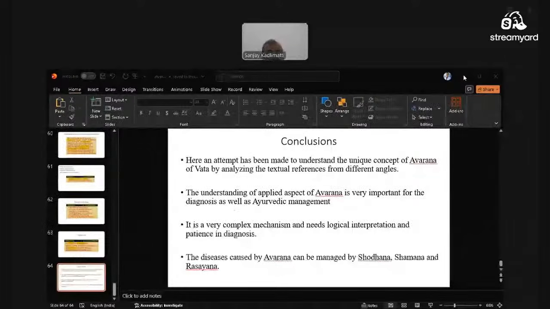So just ask about the lifestyle. If the patient has such negative thoughts, is always antisocial, lethargic, sitting in one place, not mingling with anybody, then definitely you can differentiate. If these symptoms are not seen in the history, and the relatives tell you that he's very active, he doesn't have any negative thoughts, he's fine, he's mingling with everybody, then you have to doubt something called Avarana. It's very easy.